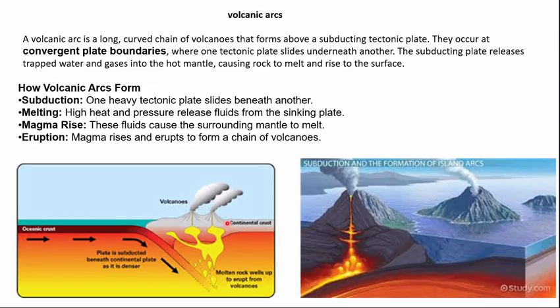You have the weight of this one, which is compressional force. You have heat also working on it from here. So definitely it will start melting. And the magma is what rises to form all this volcanic arc that you're going to see around.